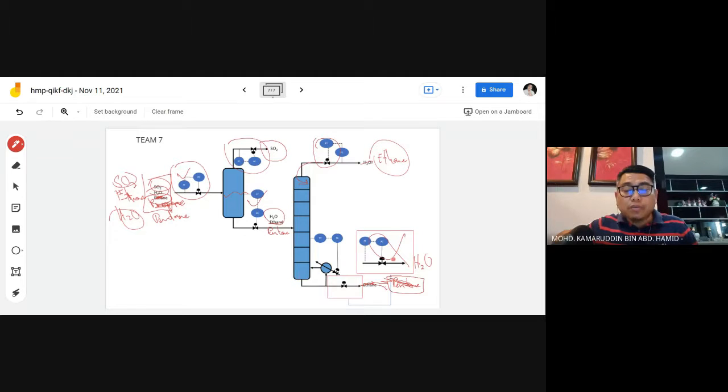Ini pun sama juga, tak boleh. You need to, since you have a liquid here, then you need to maintain the bottom level. Okay, temperature. Alright, this is temperature to maintain the boiling point of this, to vaporize the ethane.